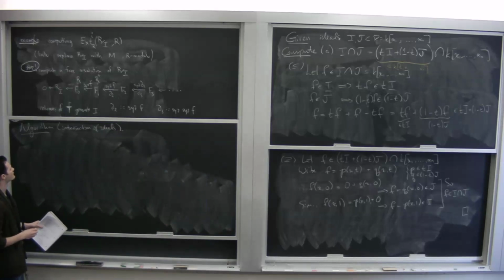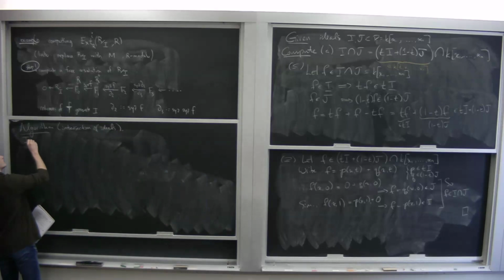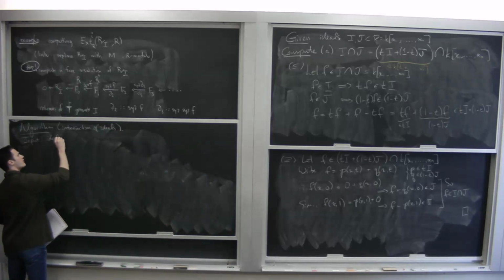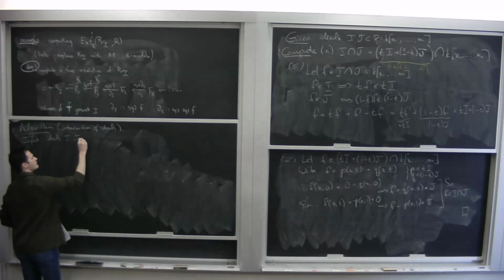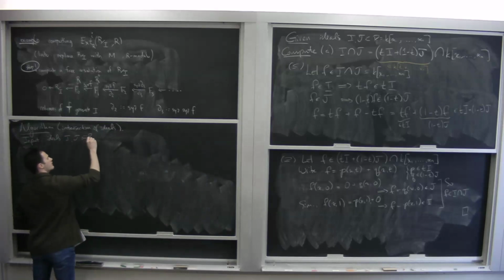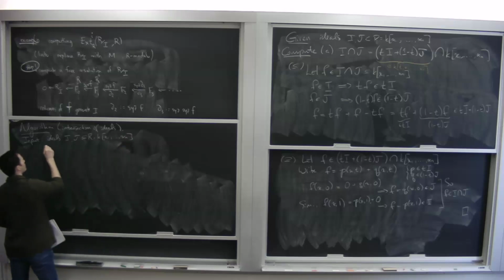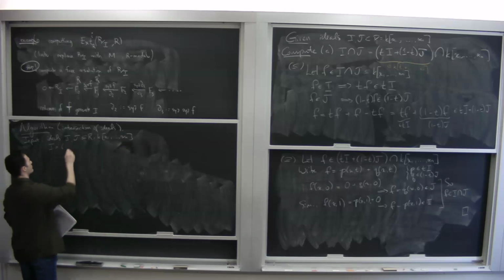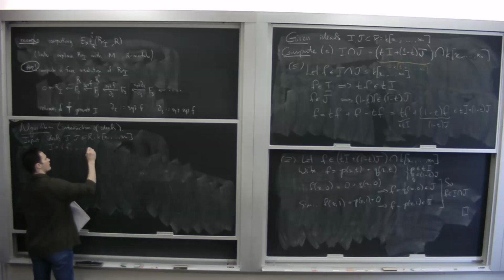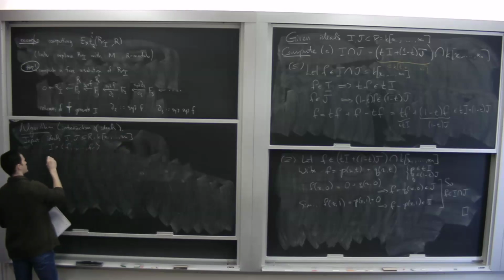Okay, so I'm going to take as input ideals I and J in a ring R. Let's write I generated by F1 up to FR, and J can be generated by H1 up to HS.